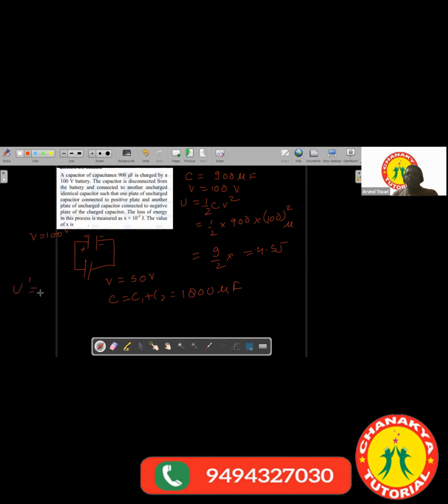The new energy would be equal to again 1 by 2 CV squared. The new capacitance is 1800, so you get 1 by 2 times 1800 times V squared, which is 50 squared. So you'll get here 900 multiply 2500, and this is micro.